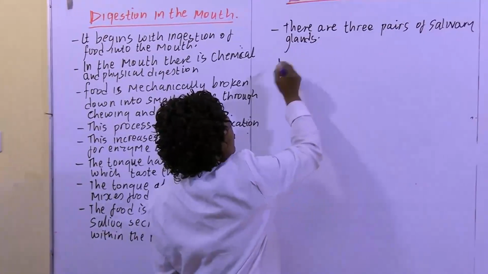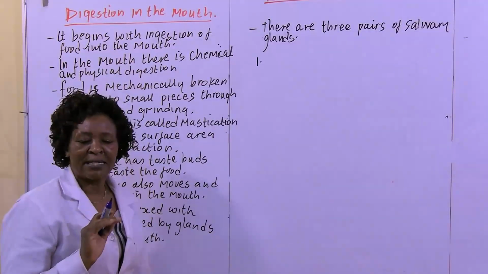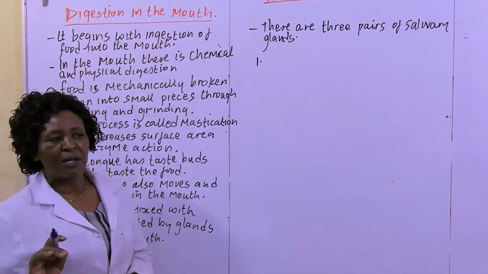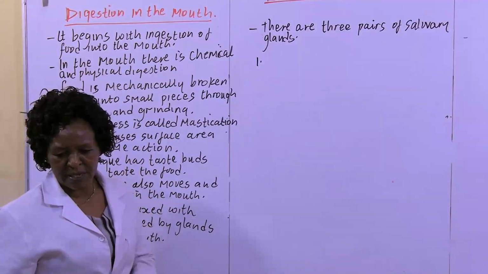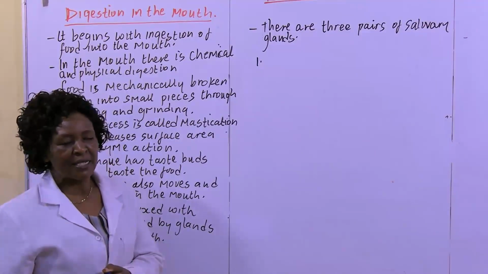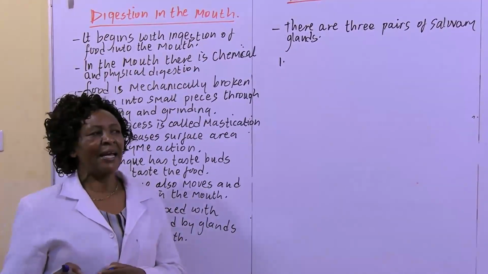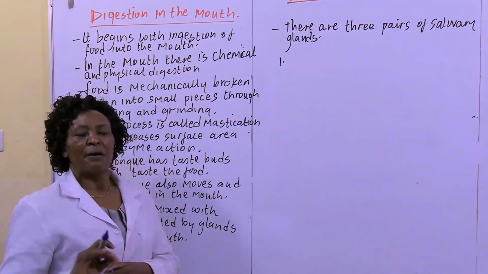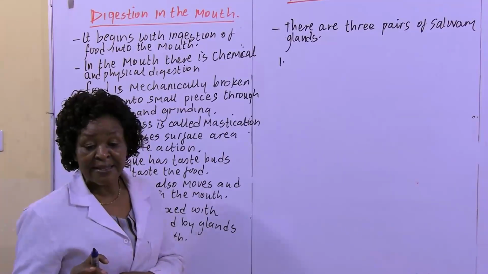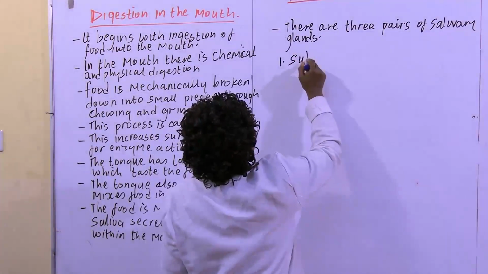One, we have the sublingual salivary glands located beneath the tongue. Two, we have submandibular salivary glands located in the jaws. And third, we have parotid salivary glands located in the cheeks in front of the ears.